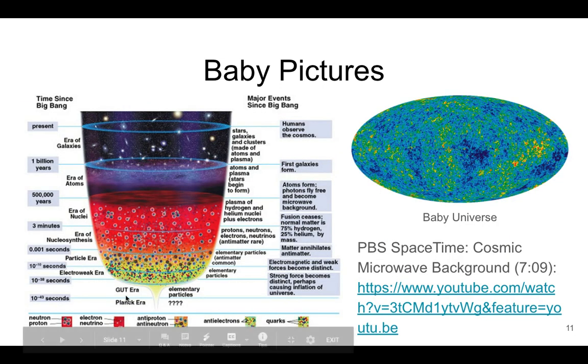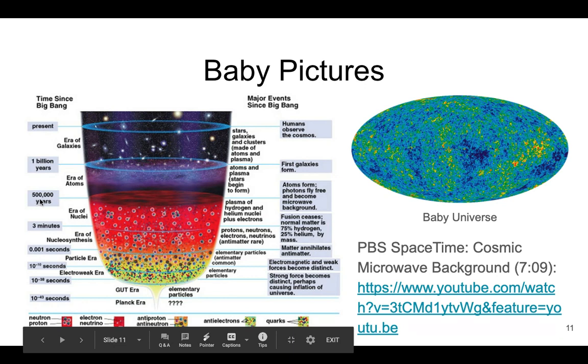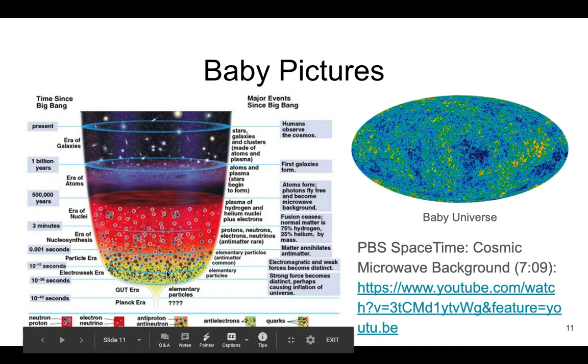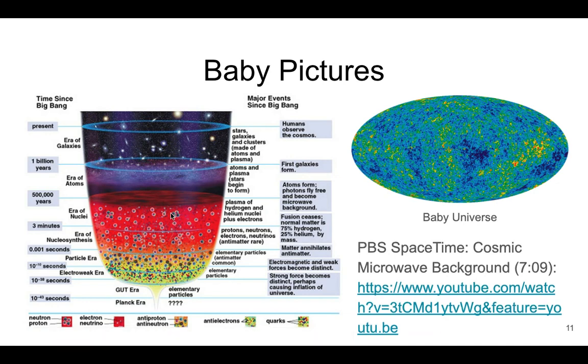So again, this picture, 500,000 years, it should say 380,000 years. This is the recombination. So at this point, the universe went from very, very hot and dense, and then all of a sudden it has become cool enough that the universe is now transparent and light can travel. So this light we're seeing in this image is the light that was traveling from just 380,000 years after the Big Bang, which at that point was very, very hot.